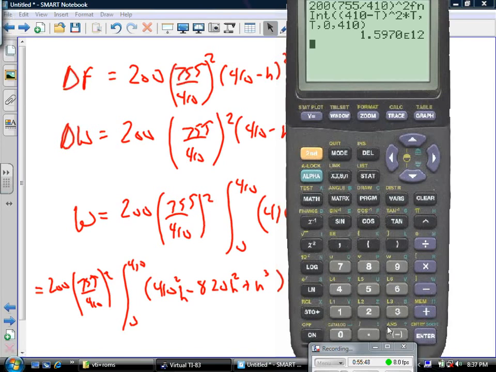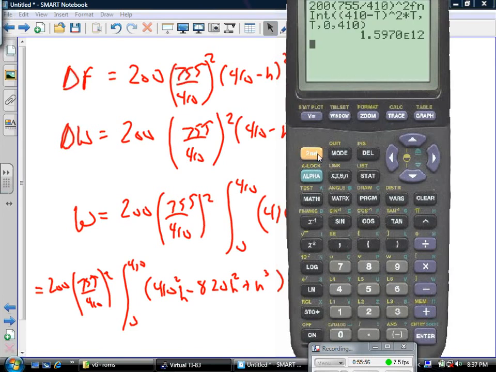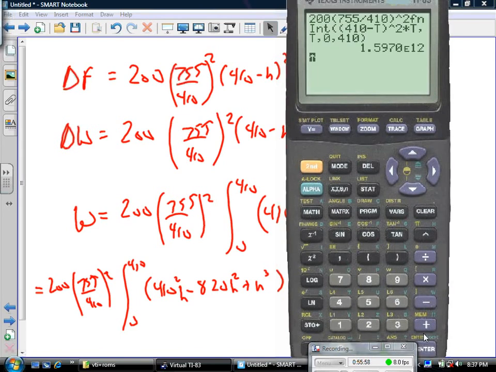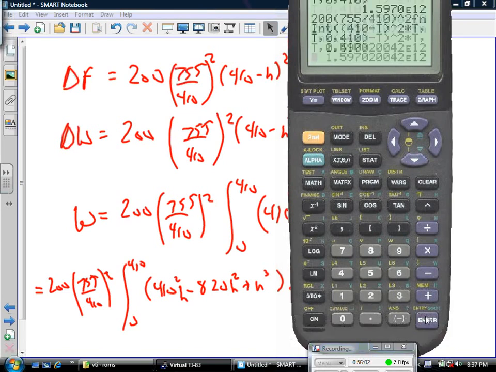All right, let's get a little bit more precise here. How about we make mode float and do the calculation again. I just want more decimals. So there you go. Is that 12 places? Let's write this number down.